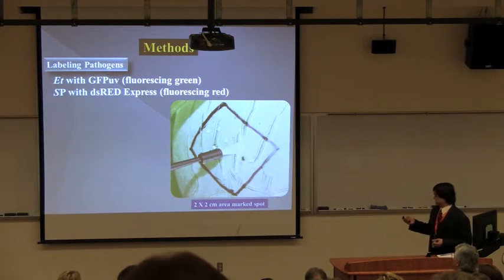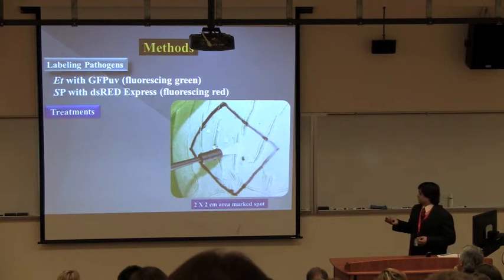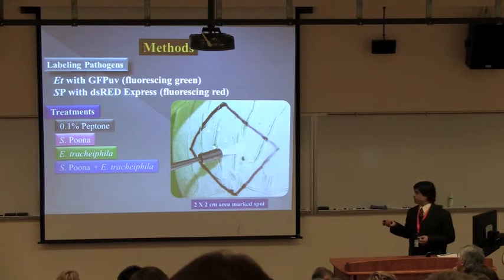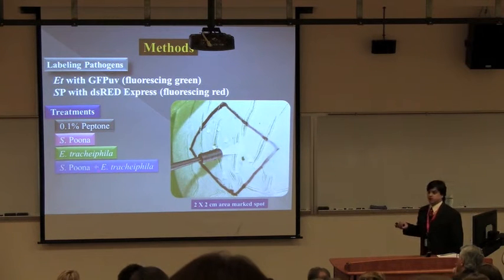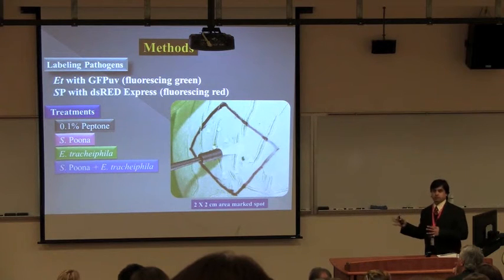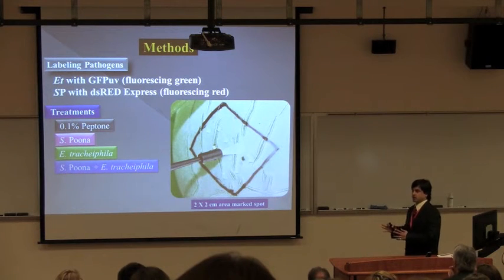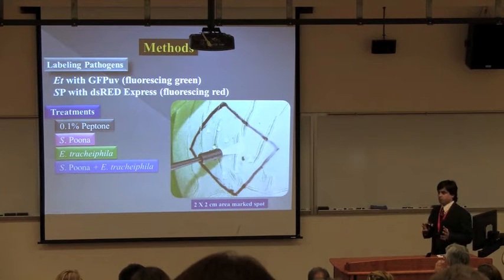I would like to go into detail about the treatments. The control was 0.1% Triton. Then there was Salmonella alone, Erwinia tracheiphila alone, or both of them together on the same spot, but on different fruit. I had one spot per fruit, and only one fruit on the plant was inoculated, with one additional fruit left to see if the pathogen can move from one fruit to another.